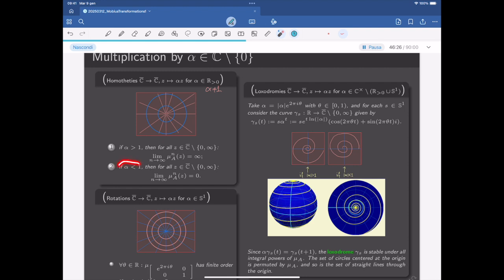Also obvious, if on the other hand the real number is less than 1, then the limit of multiplying by alpha repeatedly is 0, no matter what complex number I start with.